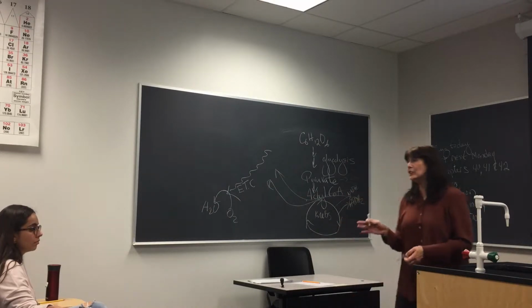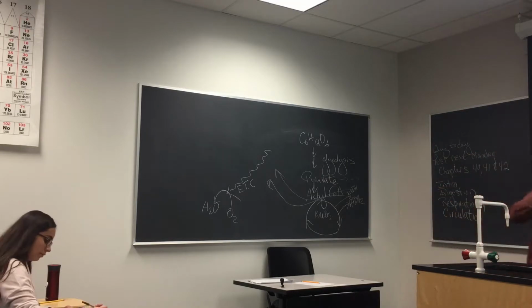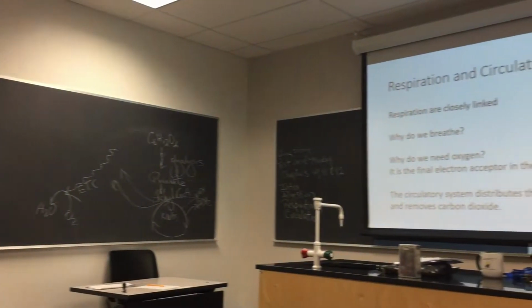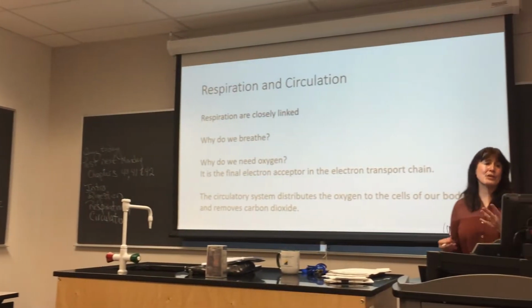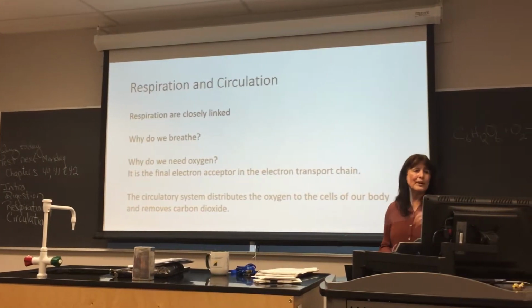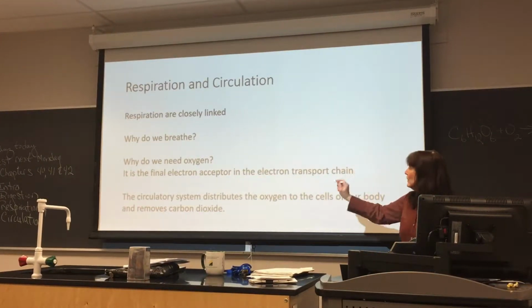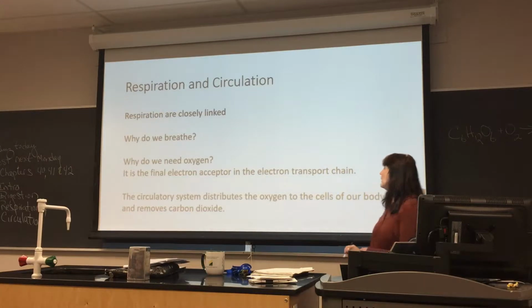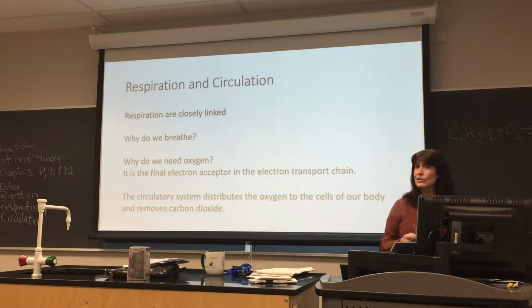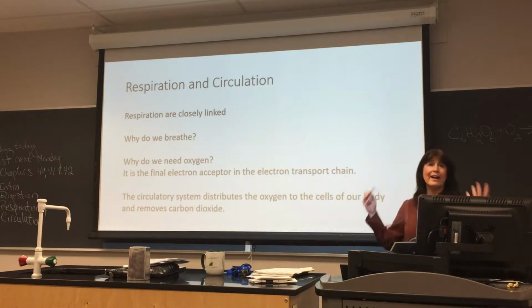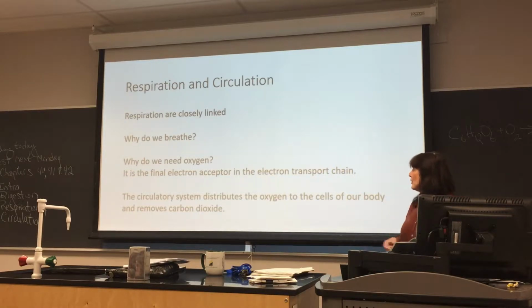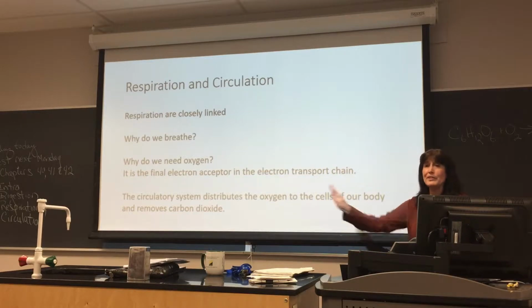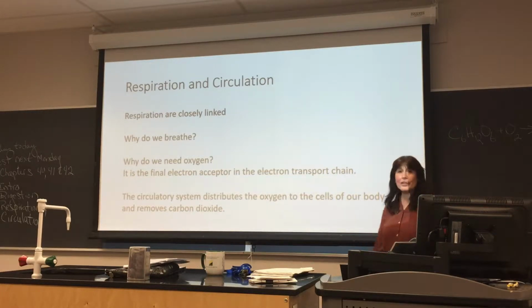So your production of energy is significantly halted and not enough for you to function. So why do we need oxygen? It is the final electron acceptor in the electron transport chain, and we need to breathe, and we need to have organismal respiration to distribute the oxygen that's needed to all the cells where this is going on. And we also need to remove the byproduct, carbon dioxide, from the system.